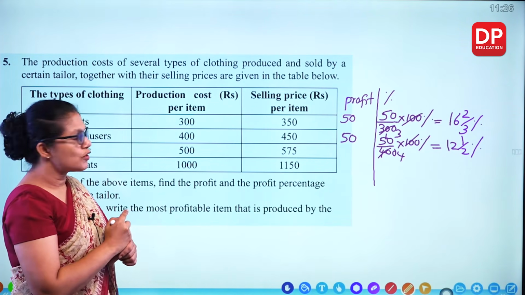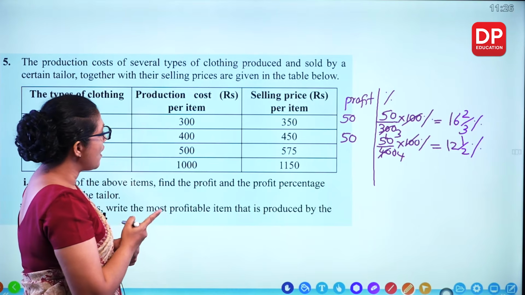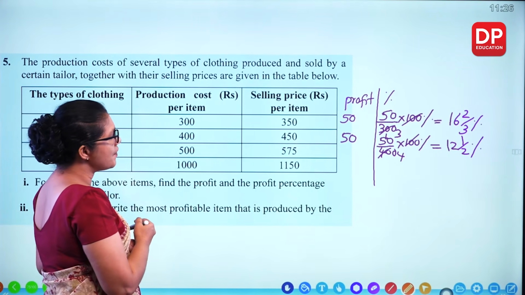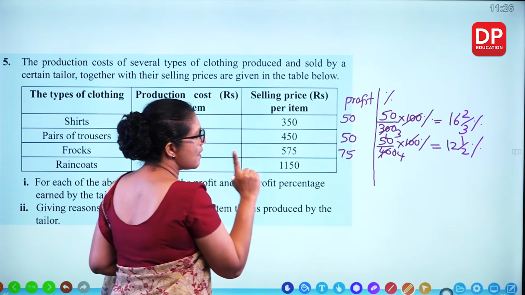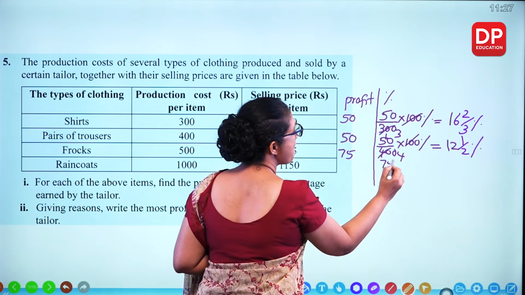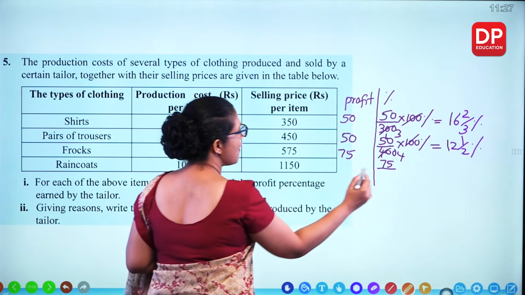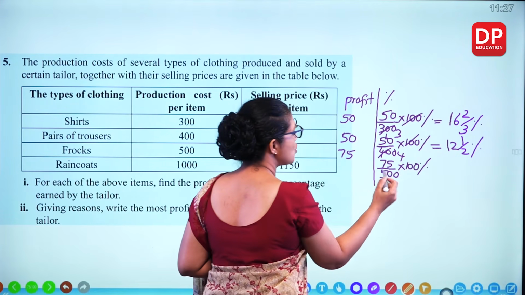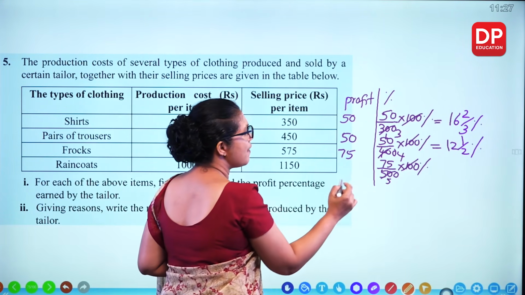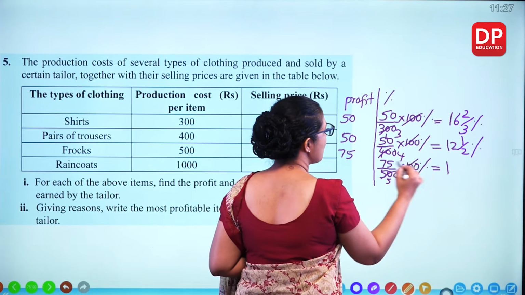Next one. So what's the profit? So the difference, 575 minus 500, that's 75. So 75 for 500. So we can calculate the profit percentage. Divide by 5. 5 times 1, 5.